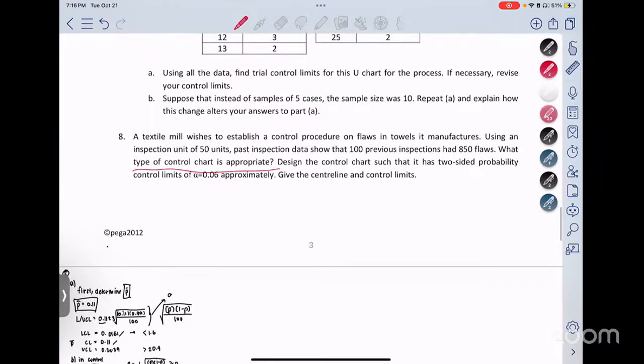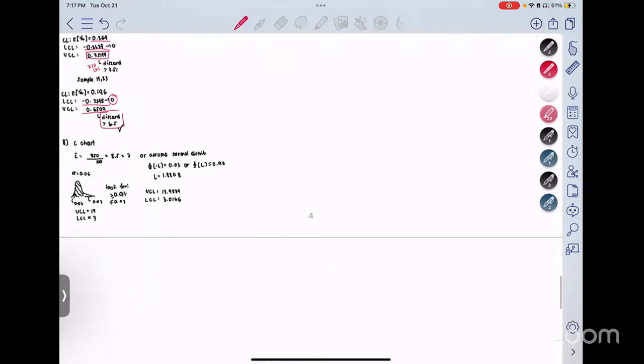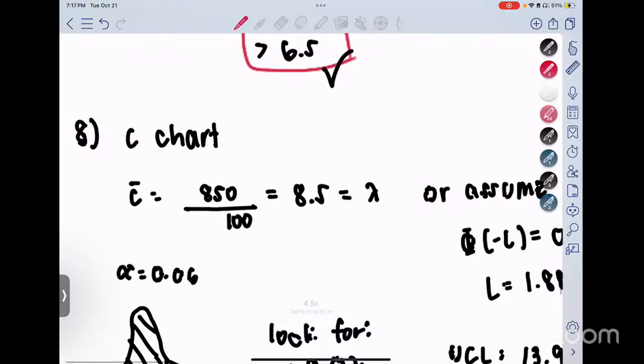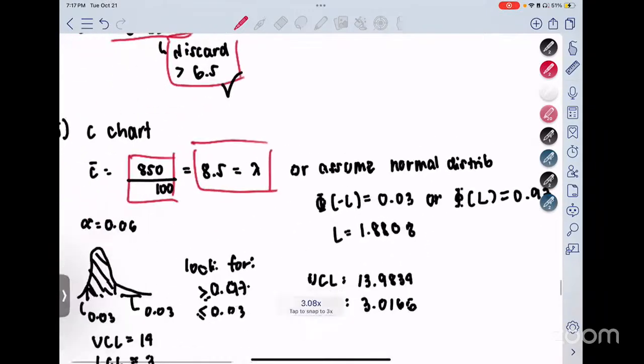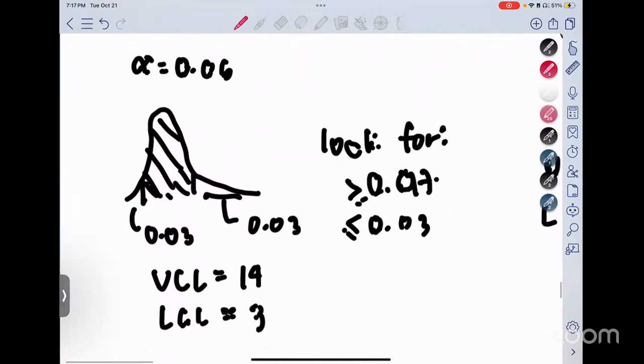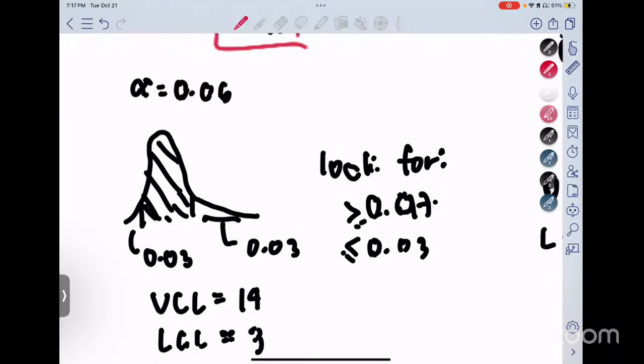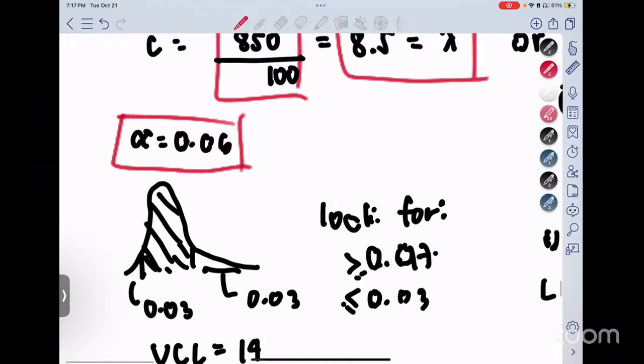So that's for most appropriate chart. And then we design the control chart such that it has a two-sided probability control limits of alpha equals 0.06. So this is just us getting lambda. The alternate, mamaya na yung alternate. So then we try to look for alpha equals 0.06, meaning we're looking at the threshold of 0.003 on the left and then 0.997 on the right.